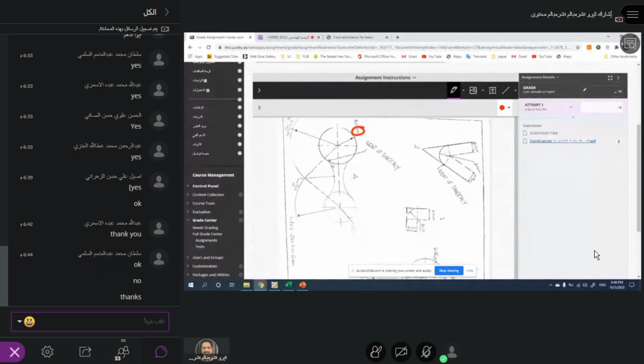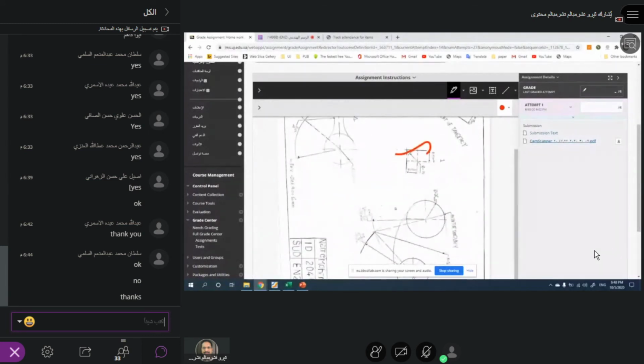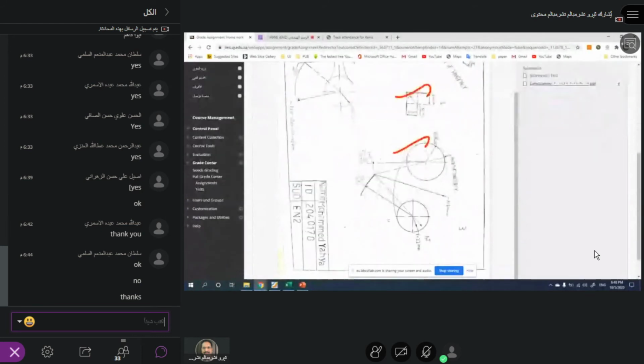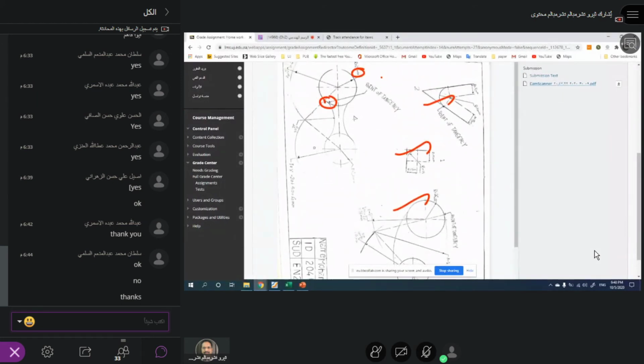And I think here his tangent is wrong because this is the line here. You have to join from here actually. Okay. This is okay. This is correct. This is also correct. This is correct. All right. The only thing is here he made a mistake.